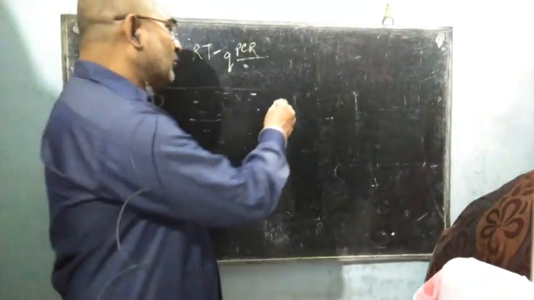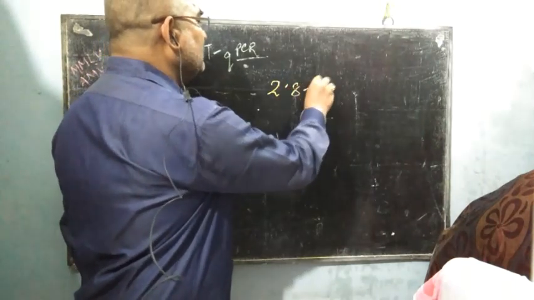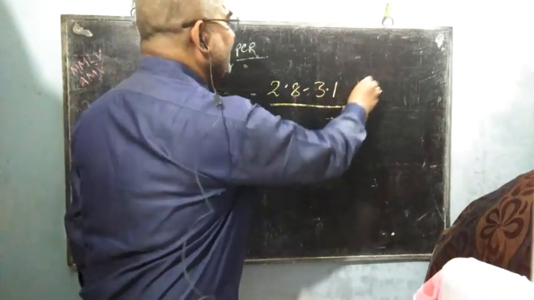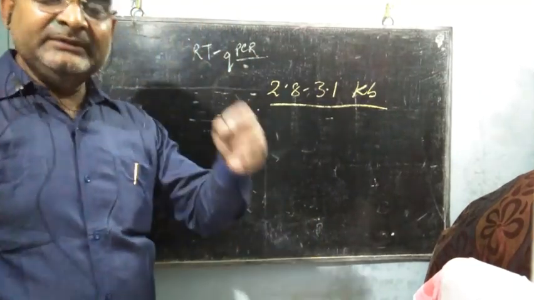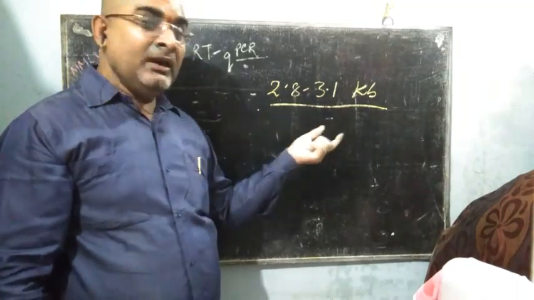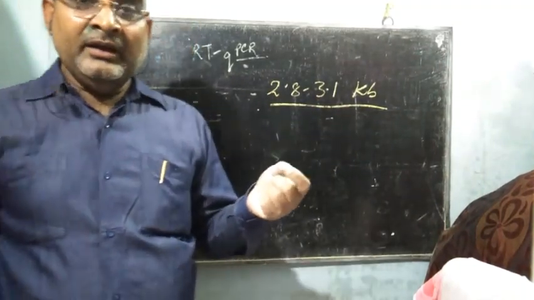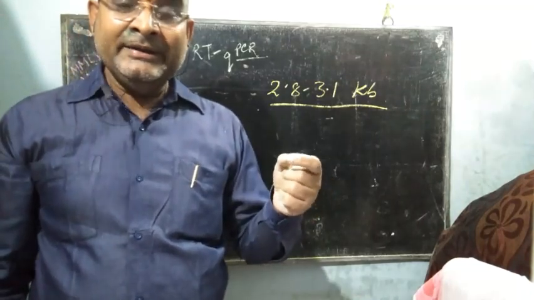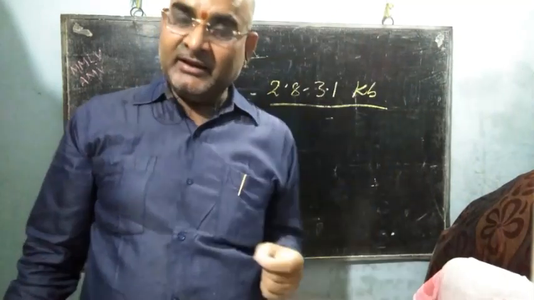Commonly, corona has 2.8 to 3.1 kilobase nucleotides, and the most important thing is that the RNA of the corona group resembles the eukaryotic mRNA.